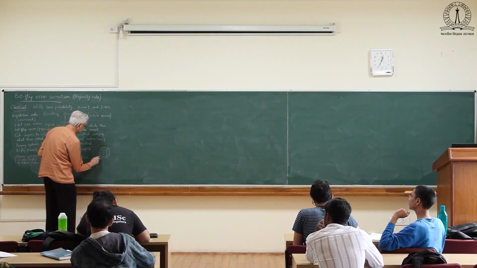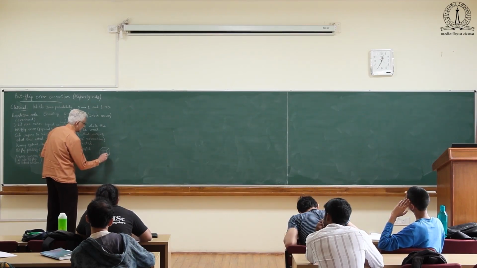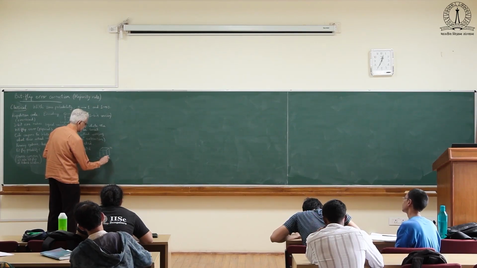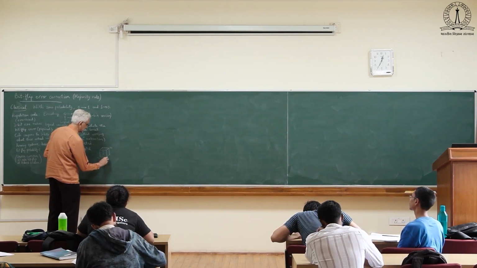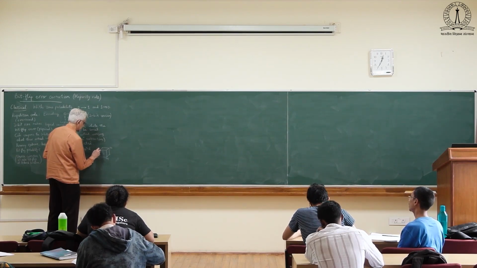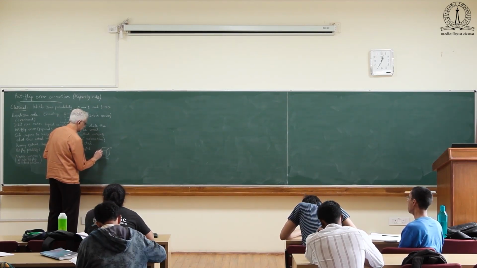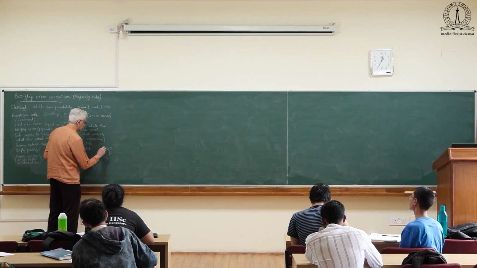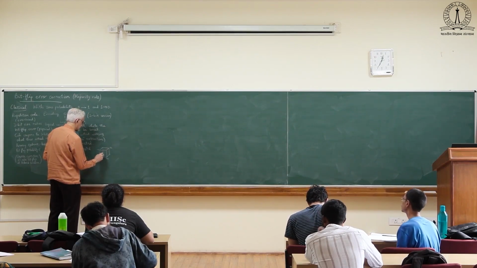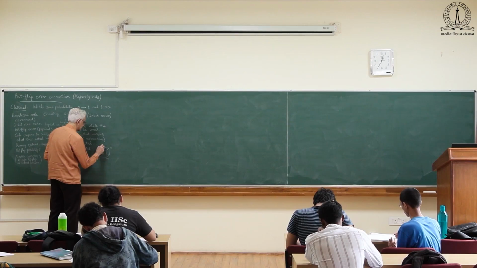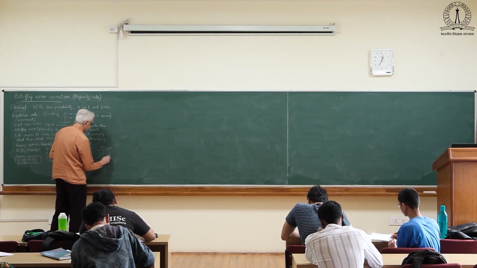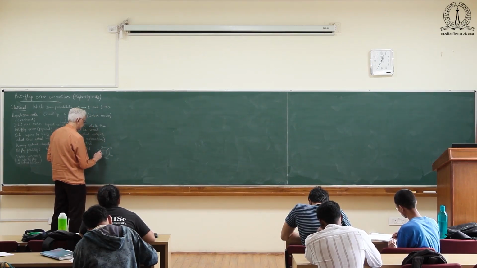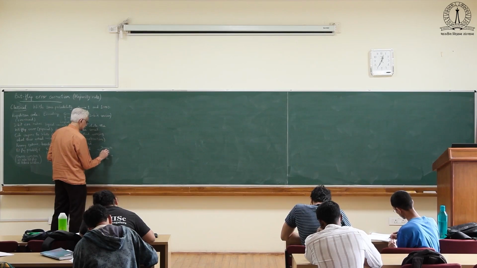So this is 0, 0, 0. The opposite one will be 1, 1, 1. And I will put some labels. So this is one axis, 1, 0, 0. This is the other axis, call it 0, 0, 1. This is the third axis, which is 0, 1, 0. And this will be the corresponding one, so it is 0, 1, 1. This is 1, 0, 1, 1, 1, 0. And this is the addition of this. This is 101.